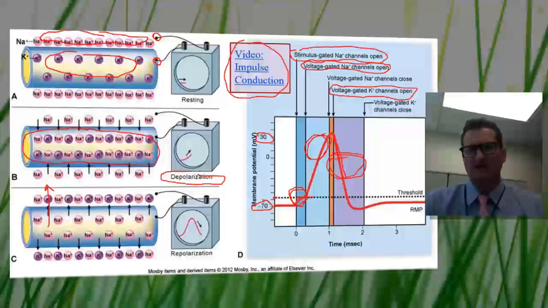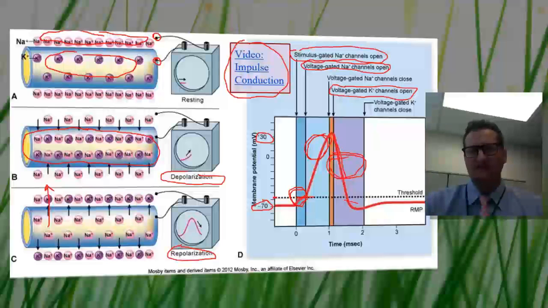It goes all the way down to minus 70 and even exceeds it a little bit. The reason that the voltage drops below minus 70 millivolts is that sometimes the potassium channels stay open a little bit longer and more potassium rushes out of the cell.